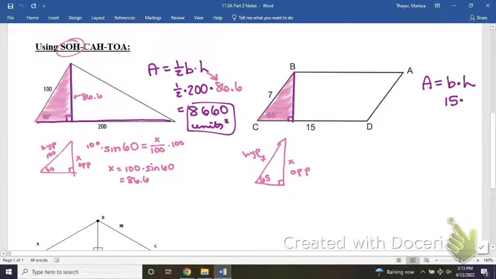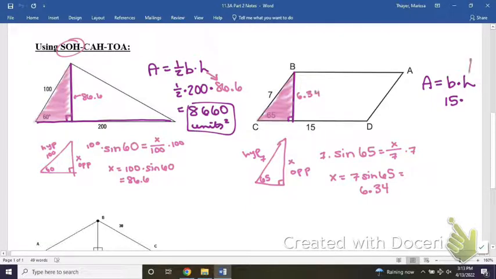Opposite over hypotenuse is also sine, so sine of 65 equals X over 7. To get X by itself, we'll multiply by 7. So 7 times sine of 65. When I plug that in, I get 6.34. That's not our answer, but that is our height.